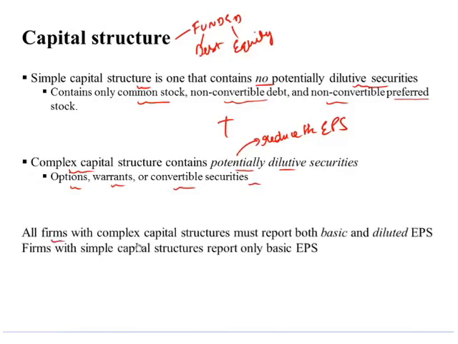Companies with complex capital structures must report both basic and diluted EPS, whereas firms with a simple capital structure that has no potentially dilutive securities must report only the basic EPS. What the basic and the diluted EPS, or what the EPS essentially is, we will study very soon.